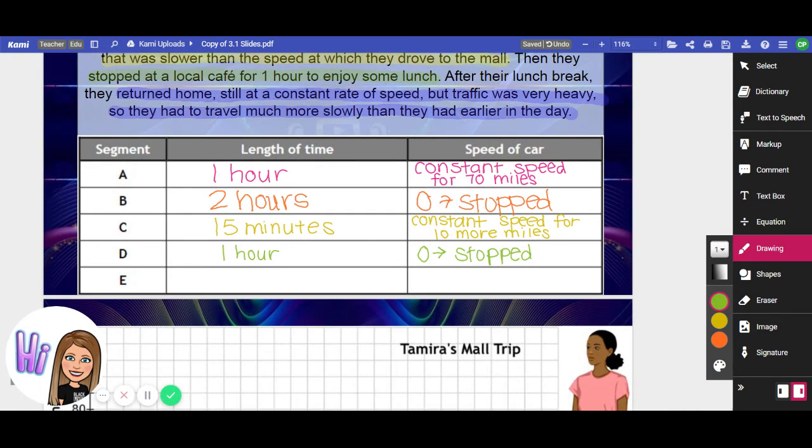And then finally, we just have this last segment, where after their lunch break, they return home. Still at a constant rate, but this time there was a traffic jam. Traffic was extremely heavy, so they had to travel much more slowly than they had earlier in the day. And also remember, I had told you that the entire trip took 10 hours, so we're going to include that in this.